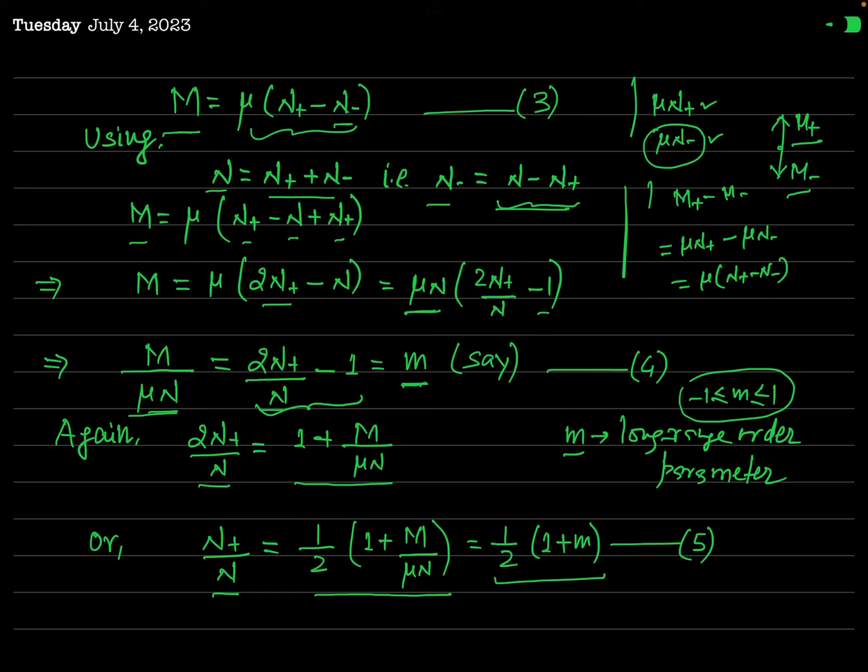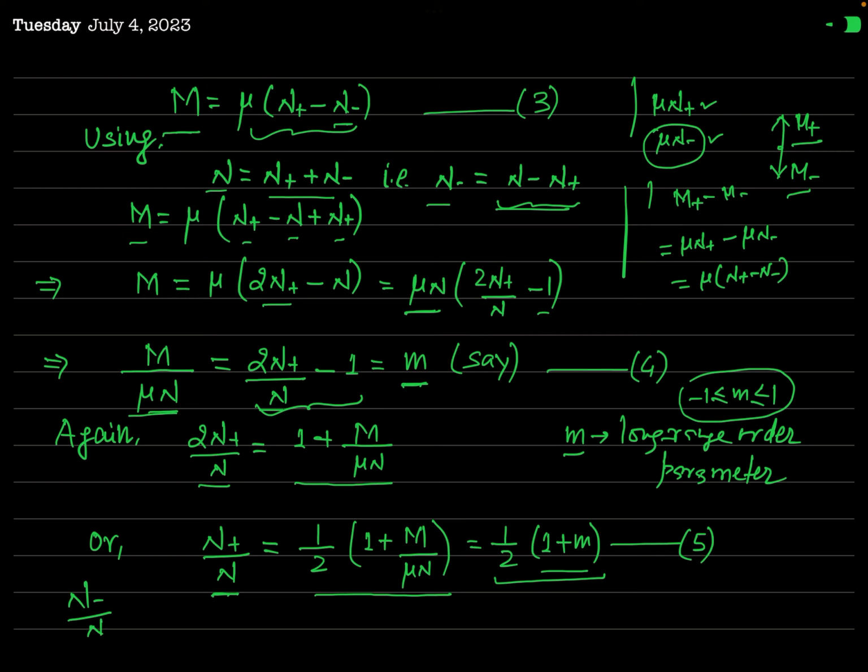Okay. Now, as we have calculated the value of the probability of up spin, which is n plus by n, its value is 1 by 2 times 1 plus m, where m is called the long range order parameter. Similarly, you can make a calculation to get the value of n minus divided by n.